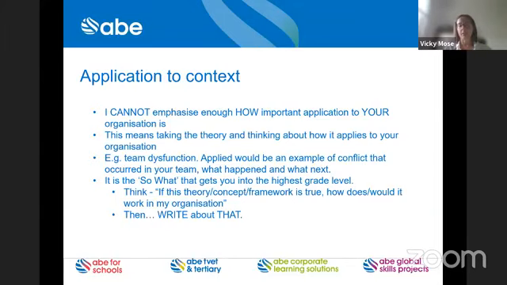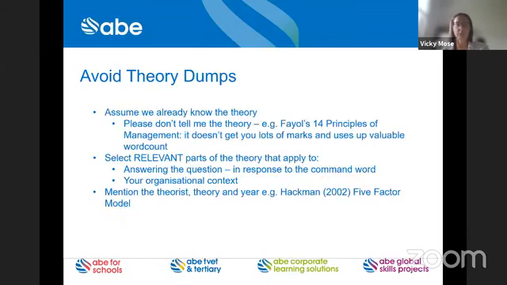So it's about the theory, the concept, the framework. Is it true? Does it fit with your chosen organisation? Is it something that works for the organisation that you've chosen, or do you disagree with it? And is there another theory, concept or framework that actually is more relevant? So it's about you using the knowledge and understanding and applying it to your chosen organisation.